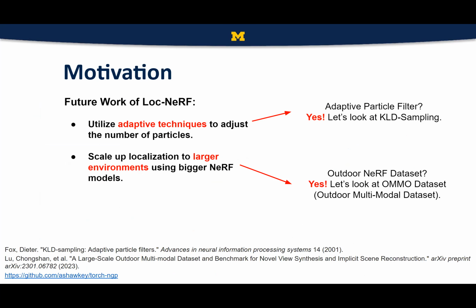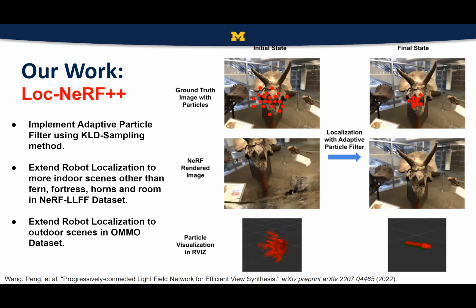Our motivation for the extension is from the future work presented by Loc-NeRF. First, we will introduce KLD sampling as an adaptive technique to adjust the number of particles. For the second future work described by Loc-NeRF, we tested localization on a large-scale outdoor dataset called the OMO dataset. The right diagram shows the whole localization process and the NeRF rendered images.